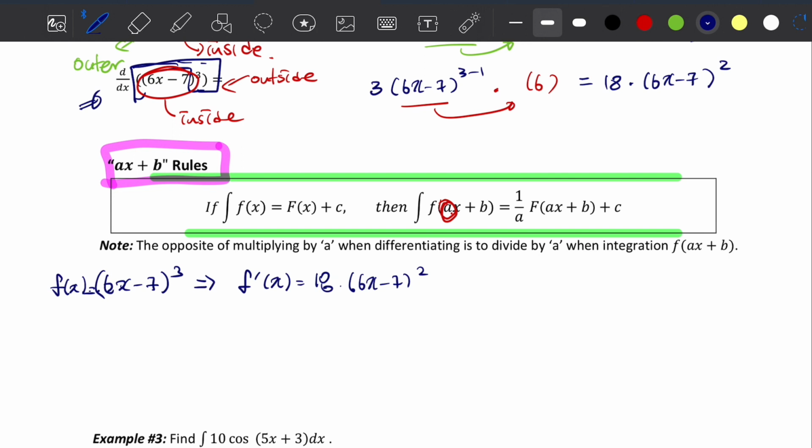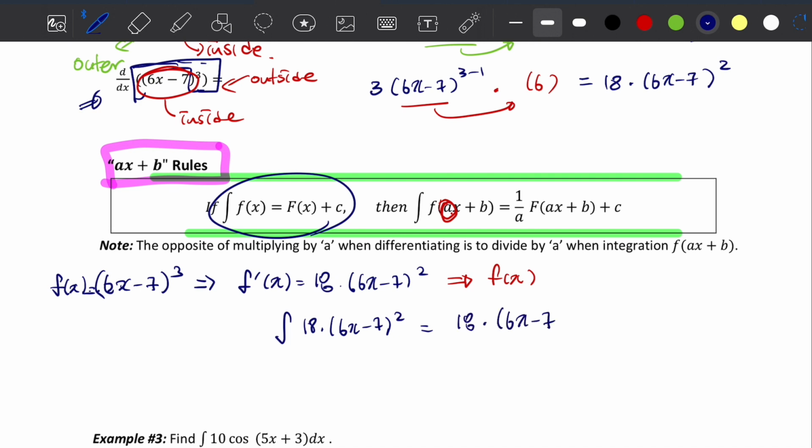And if we want to integrate this back to f of x, we first integrate this function using this formula. So it becomes 18 times (6x minus 7) to the power of 2 plus 1, divided by 2 plus 1.